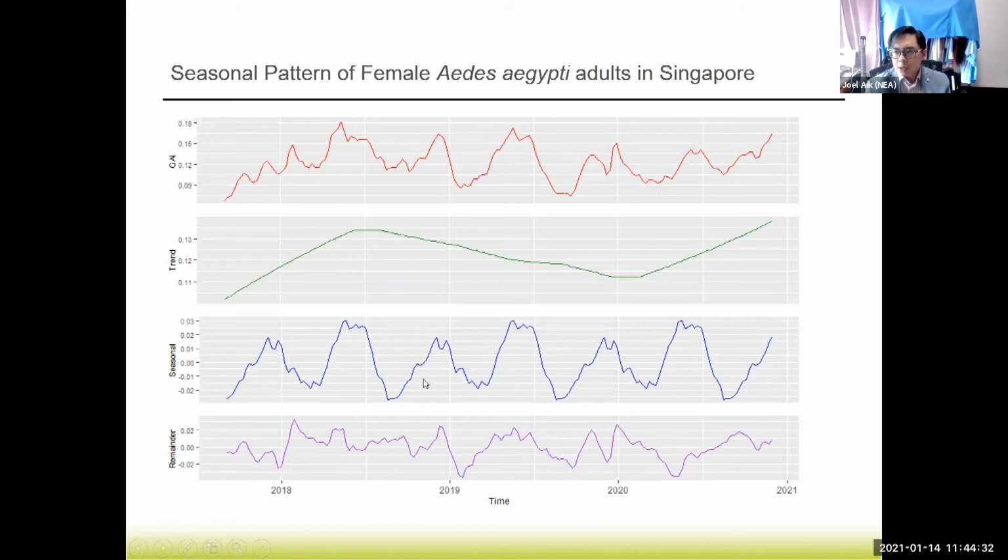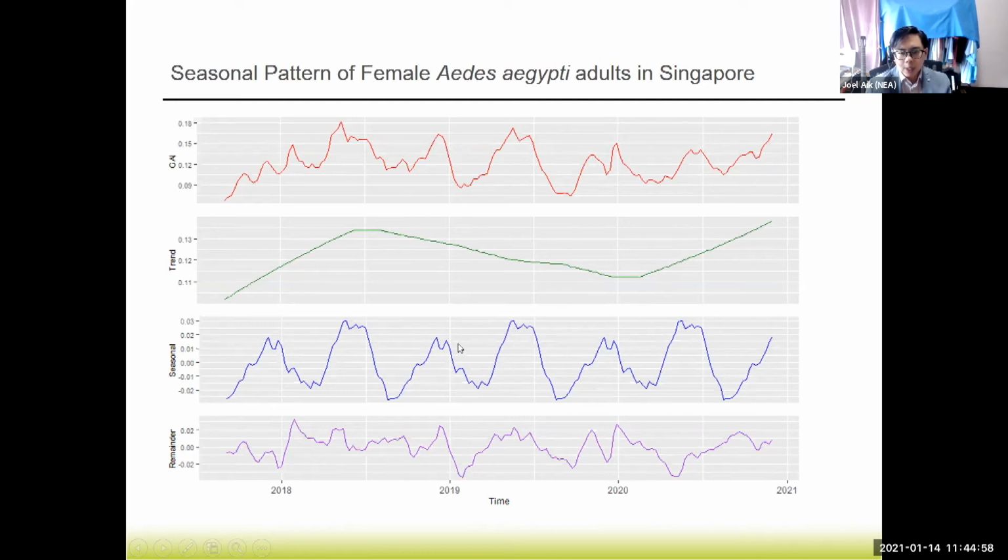I think the first thing you would notice about the seasonal pattern is there appear to be two peaks within a year. Yep, that's right, Salahuddin. There's a slightly higher peak in the middle of the year. It coincides with the rise in temperature. It also nearly coincides with the peak transmission period that we observed.